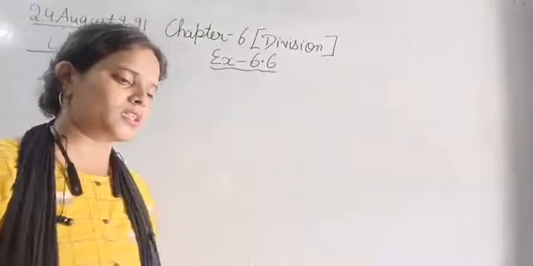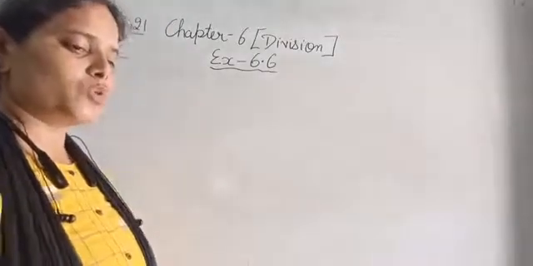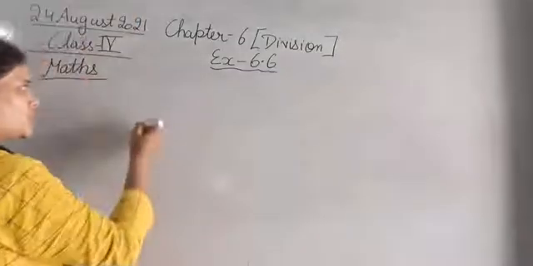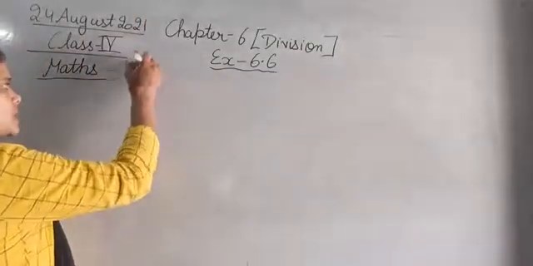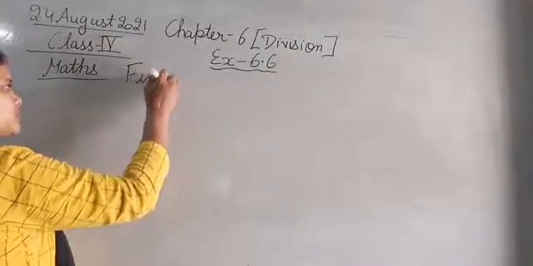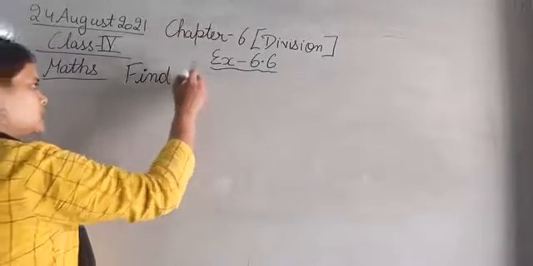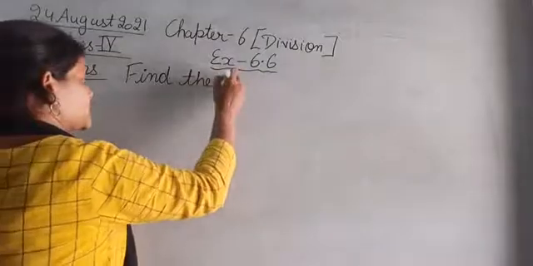So the heading is: find the estimated quotient for the following. This is the question.